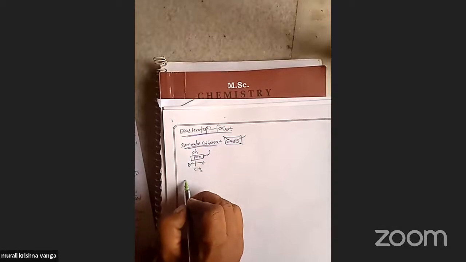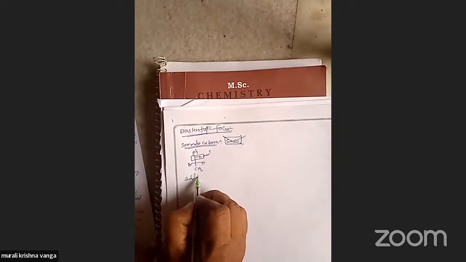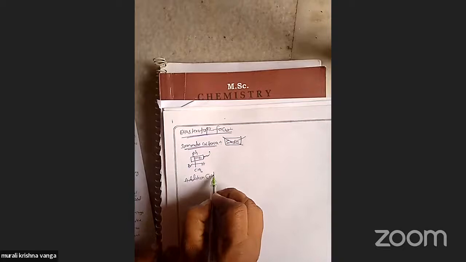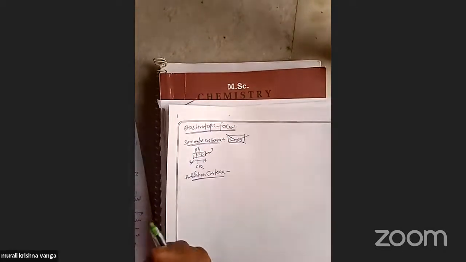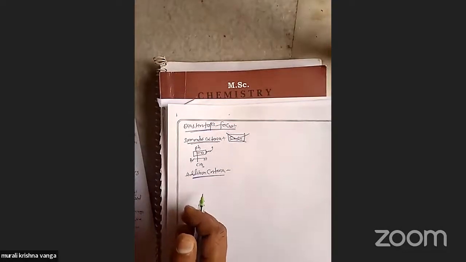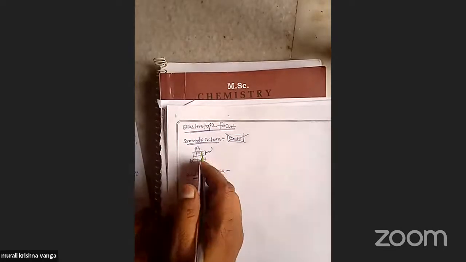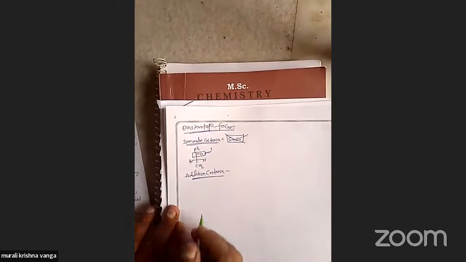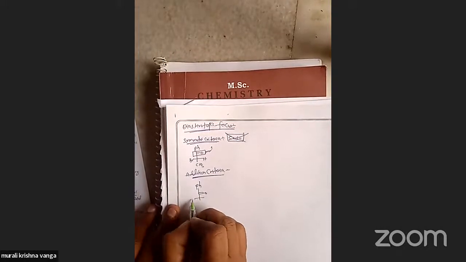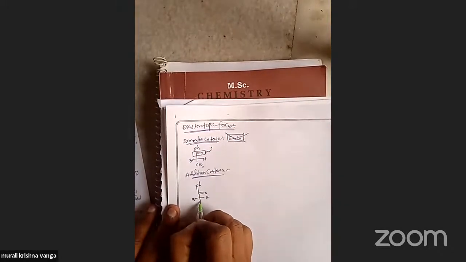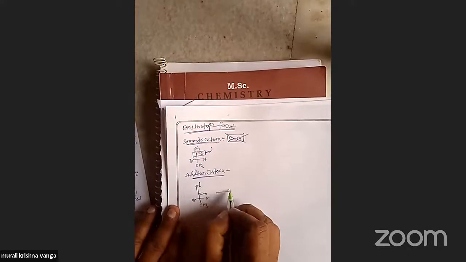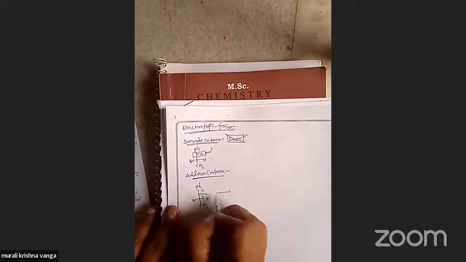This is symmetry criteria. Next one is addition criteria. That means the selected faces undergo addition with a different group. If the resulting products are diastereomers, then those faces are diastereotopic faces. Here I am taking this compound, the same example, faces F1 and F2.